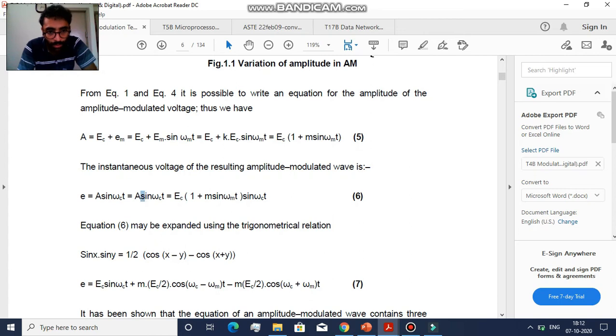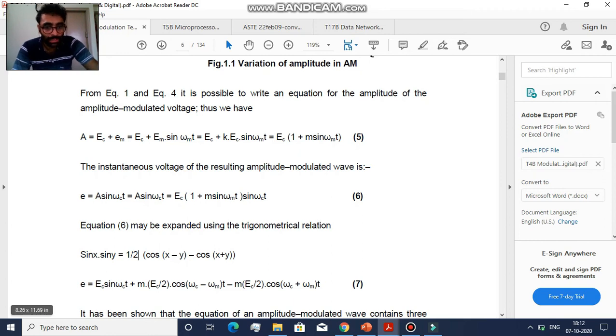When I compare this with the expression we have got, EC (1 plus M sin omega mt) sin omega ct, and on the left hand side A sin omega ct, we see that EC (1 plus M sin omega mt) is the amplitude, and this is your sin omega ct.